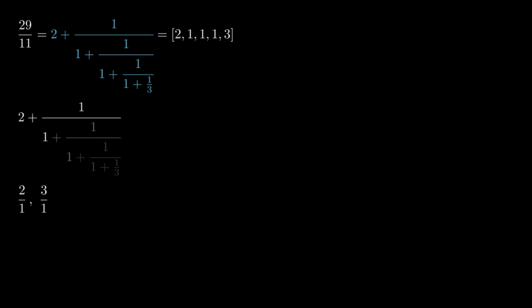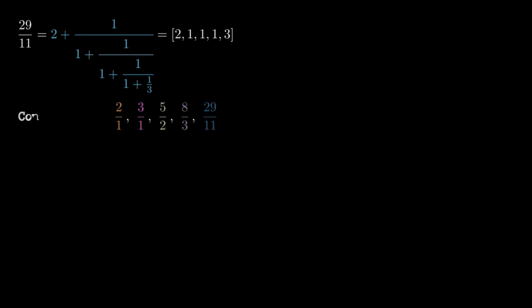If we continue like this, we get the convergents 2 over 1, 3 over 1, 5 over 2, 8 over 3, and 29 over 11.